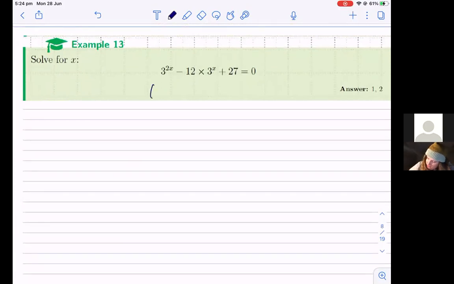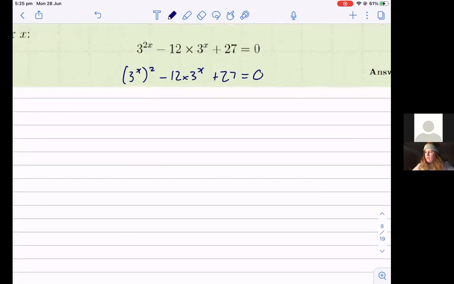Now 3 to the 2x is the same as 3 to the x, squared. This should be looking a lot like a quadratic for you. So if we've got 3 to the x equals u, then we've got u squared take 12u plus 27 equals 0. 2 things that multiply to give 27, add to give negative 12.